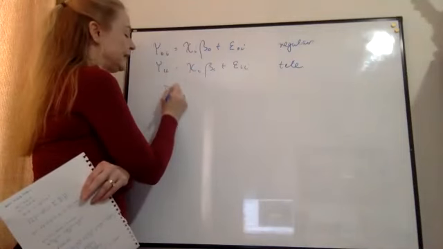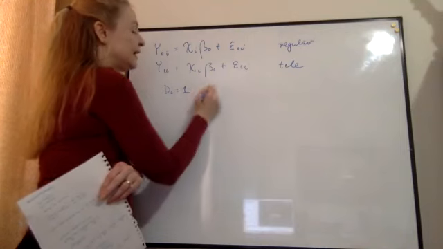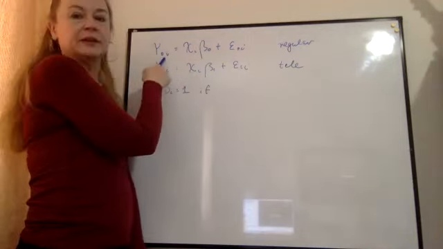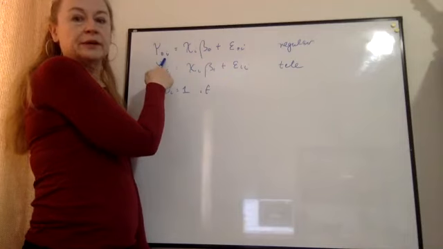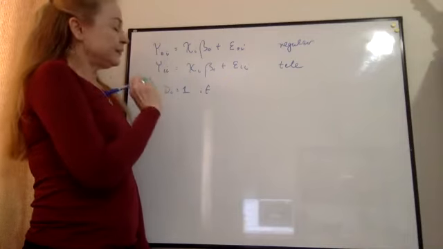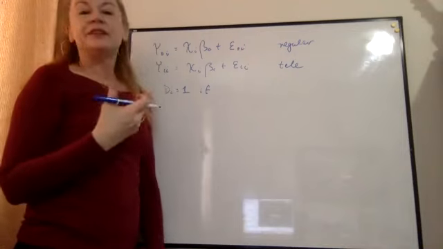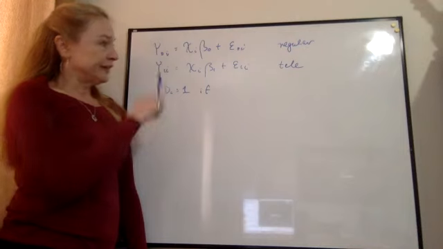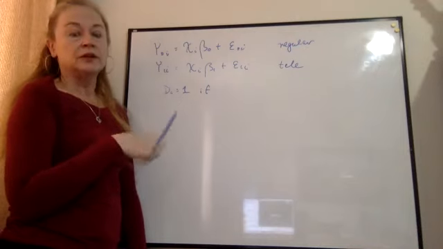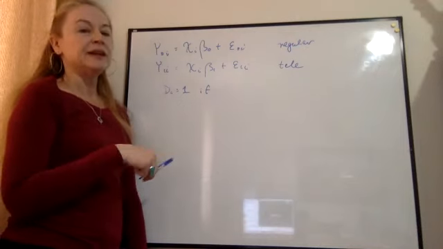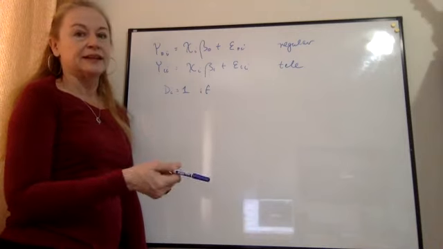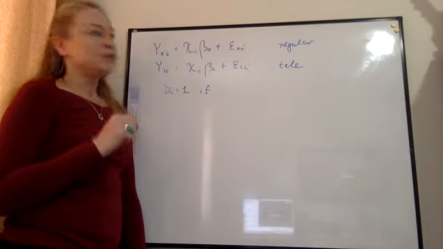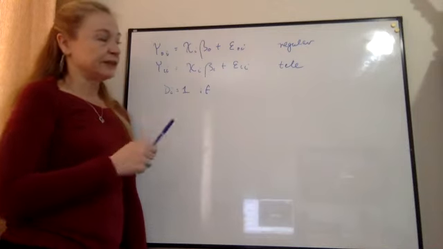So D_i equals 1. So in the Roy model, D_i equals 1 if Y1 is greater than Y0, right? But in this model, there are going to be some additional variables because distance is a factor affecting choice of school. If you live very far away from a regular school, you might be more likely to go to telesecondary. So Gabriel gave you 2 different distances to the different types of schools.